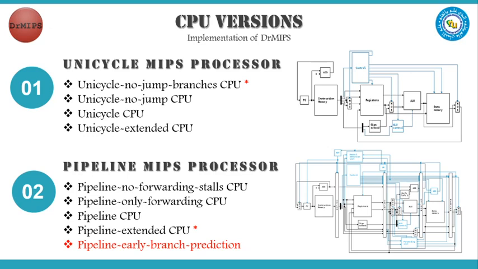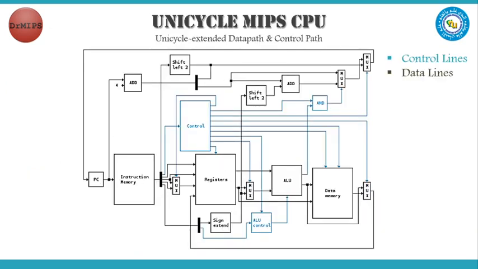So let's start. Here is the unicycle MIPS CPU. In the image you can see the blue lines are the control lines and the black lines are data lines. This is the unicycle MIPS processor data path and control path, and this unicycle MIPS supports jumps and branches.